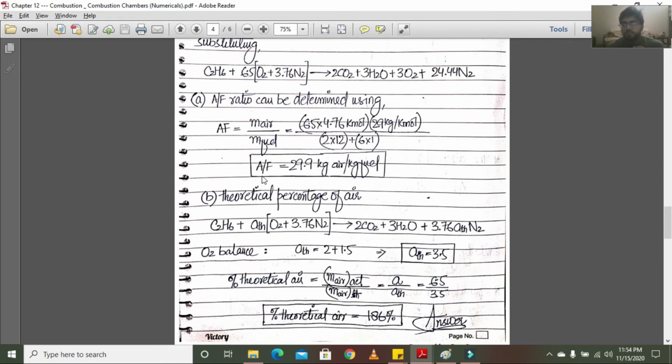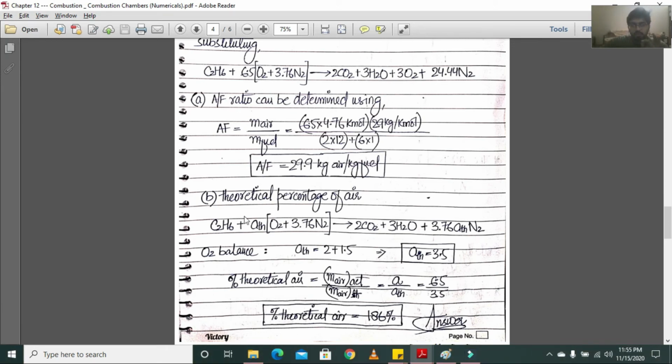So the next part was to determine the theoretical percentage of the air for this question. By the word theoretical percentage, it means that we have the stoichiometric amount of the air during the combustion process. So I have to again solve this equation by, instead of writing A, I will write ATH here, and I will not have any excess air in the combustion product.